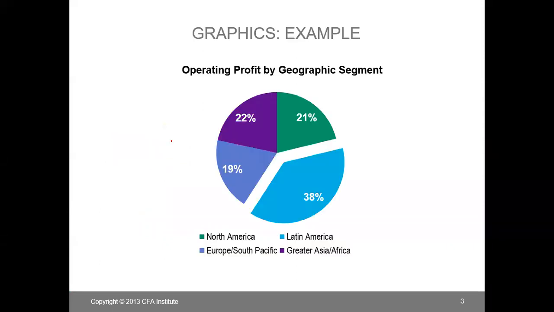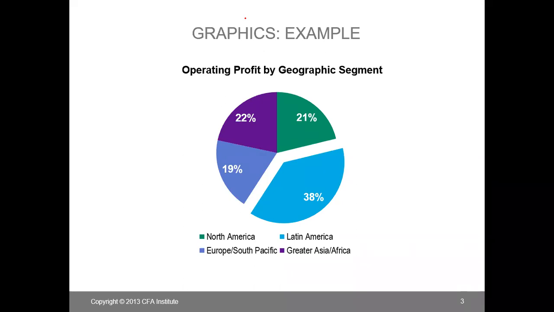You are very much familiar with using graphics, because using graphics saves a lot of words and tells stories in the simplest way. It tells the story of a number of pages using a simple graph.